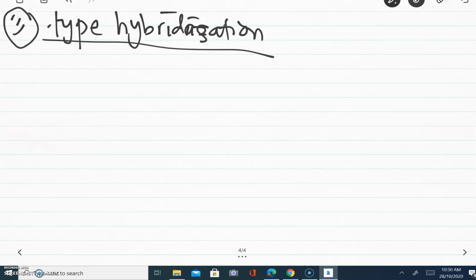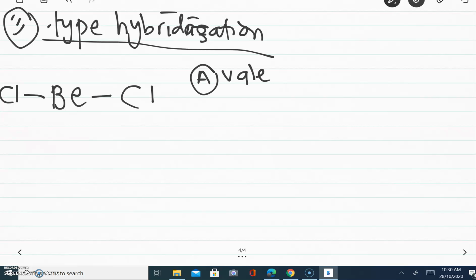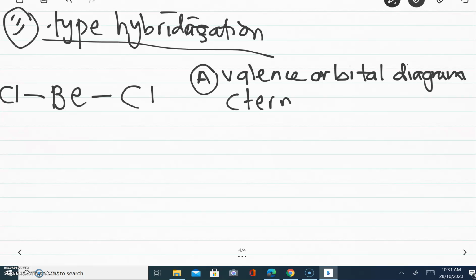So, our molecular geometry, we already found BeCl2 in the form of a linear molecular geometry. And the first step, by using the valence orbital diagram, you must write down your terminal atom first.